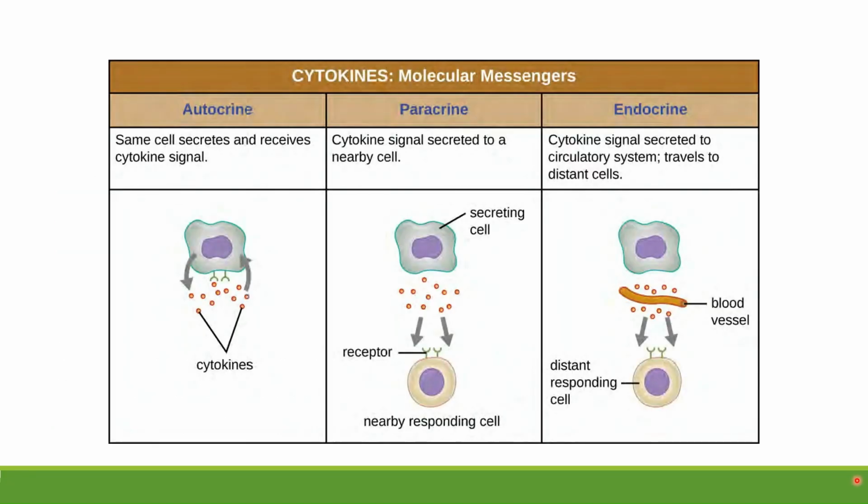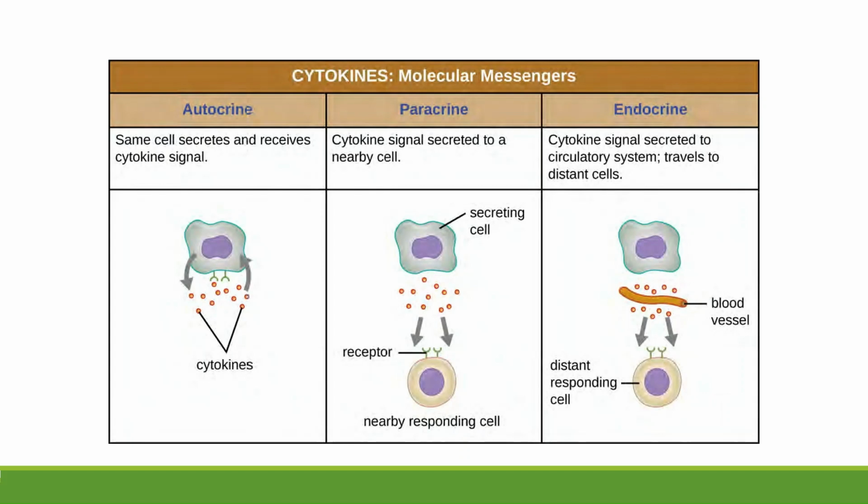This image explains the three main ways cytokines function as molecular messengers in the immune system. These terms you may have heard before, autocrine, paracrine, and endocrine, describe how cytokines travel and act on target cells. Breaking down the terms, crine comes from the Greek word for secrete, meaning cytokines are signals that are secreted and affect cells.